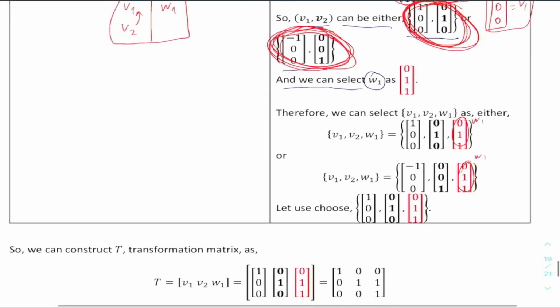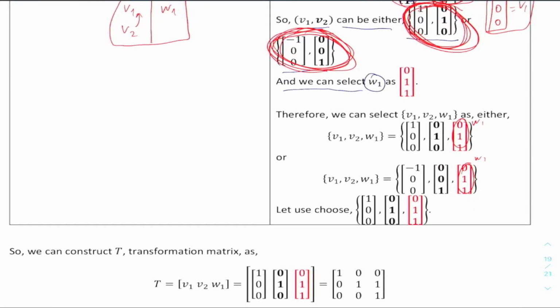So let's use that, and let's use that here. So we have two transformation matrices. If you compute the Jordan canonical form, you would get two different ones.